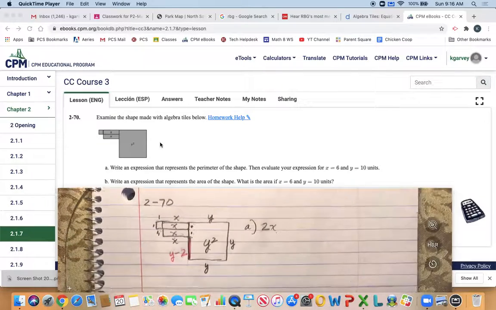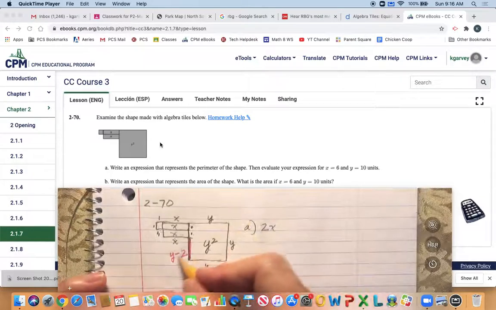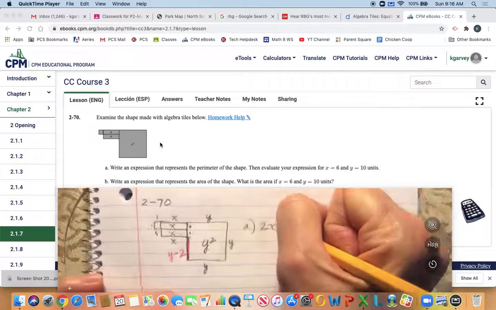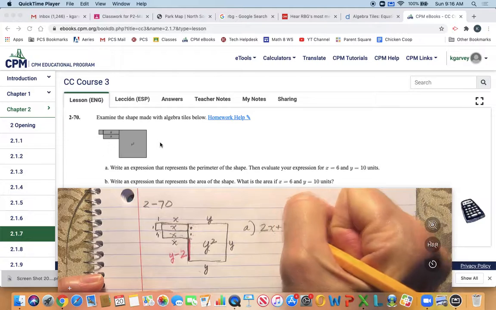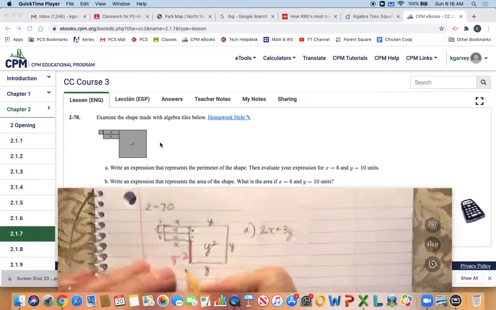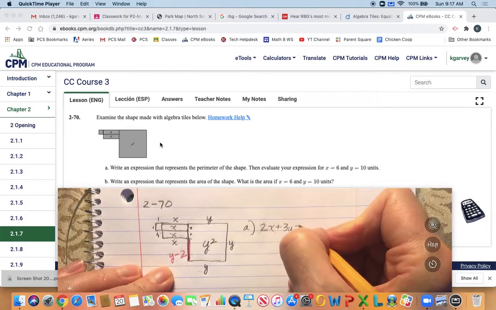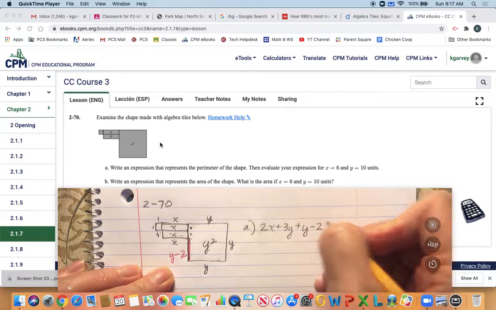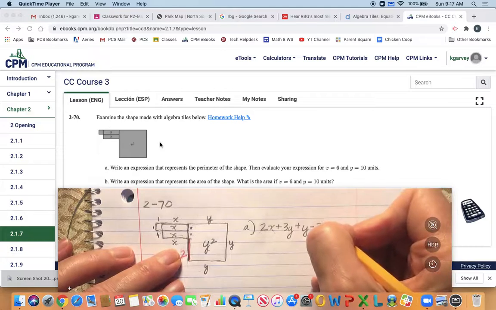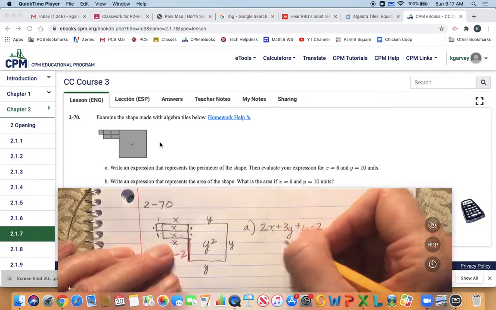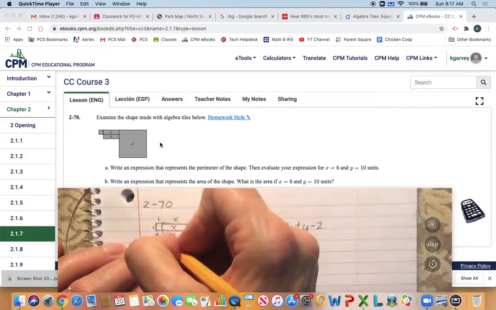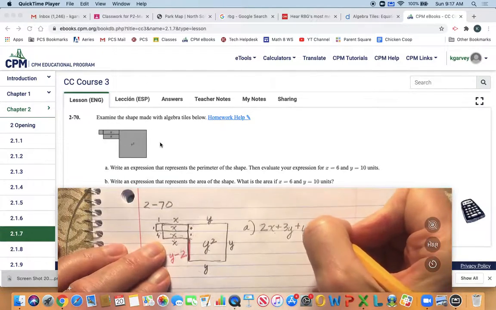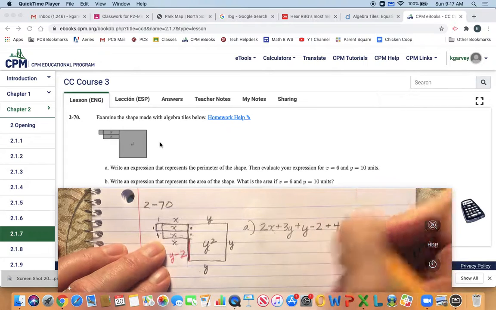Okay, so now that we've got that established, I've got just 3Y. So I'll add 3Y, and then I need to add this side, which is Y minus 2. And then I've got to add the X's. Oh, I've got those already. And then I've got 1, 2, 3, 4 1 sides that I'm going to add. So that's plus 4.